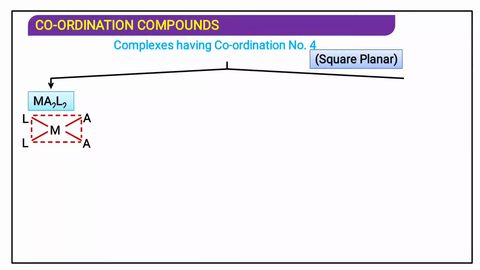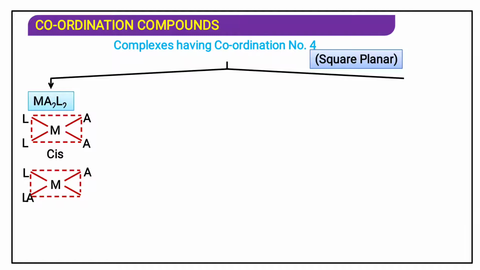From the right side, ligand A is in the same plane and ligand L is on the left side. Of course, all these are ligands, we have just symbolized them as A and L. So it is a cis configuration. A on the right-hand side is one plane and L on the left-hand side is another plane. So it is a cis compound.